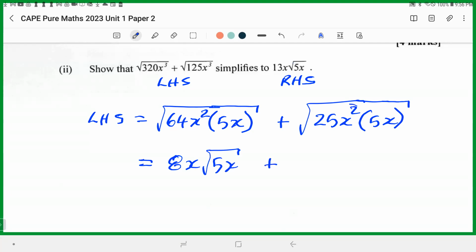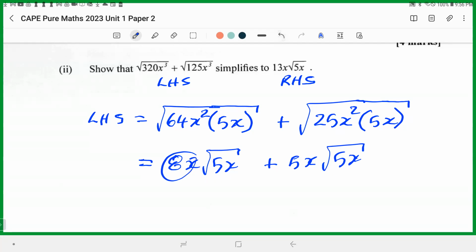plus the square root of this now is 5x. Root of the 25 is 5. Square root of the x squared is x. So this becomes 5x times the square root of this 5x. And then you have the 8x and the 5x adding up, because this is now a common factor.